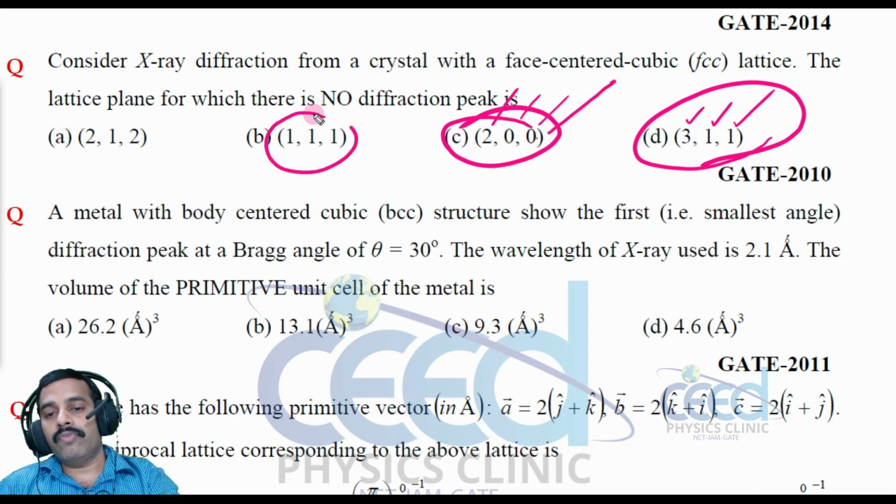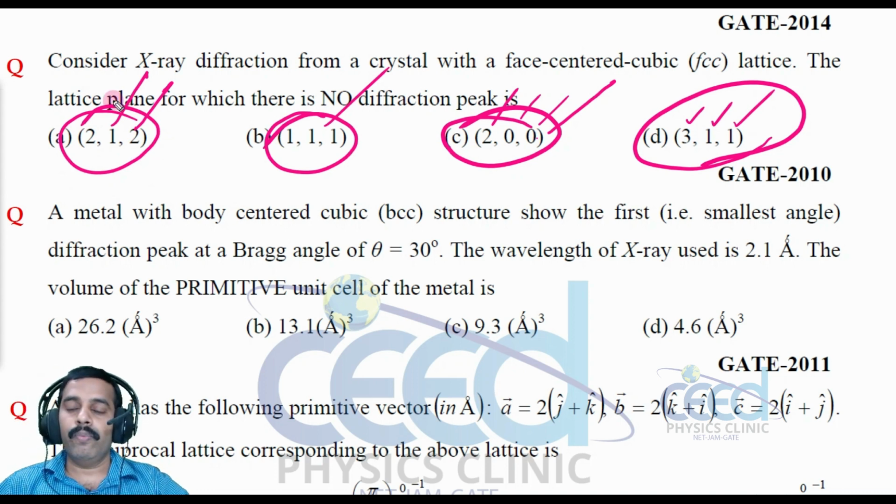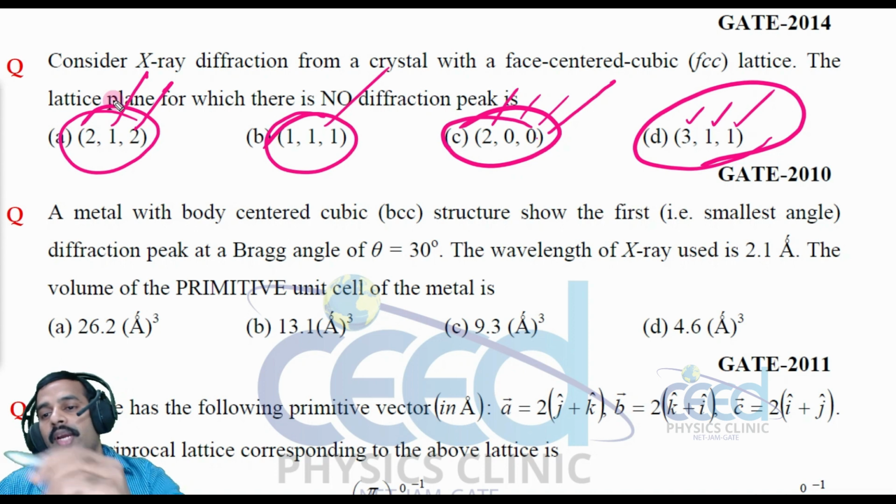And here again fully odd, so this is also present. But look here, this 2 is even and 1 is odd, so this is a mixed HKL value. Miller indices are mixed. That's why the diffraction peak from this plane having these Miller indices is absent. So option A is correct.